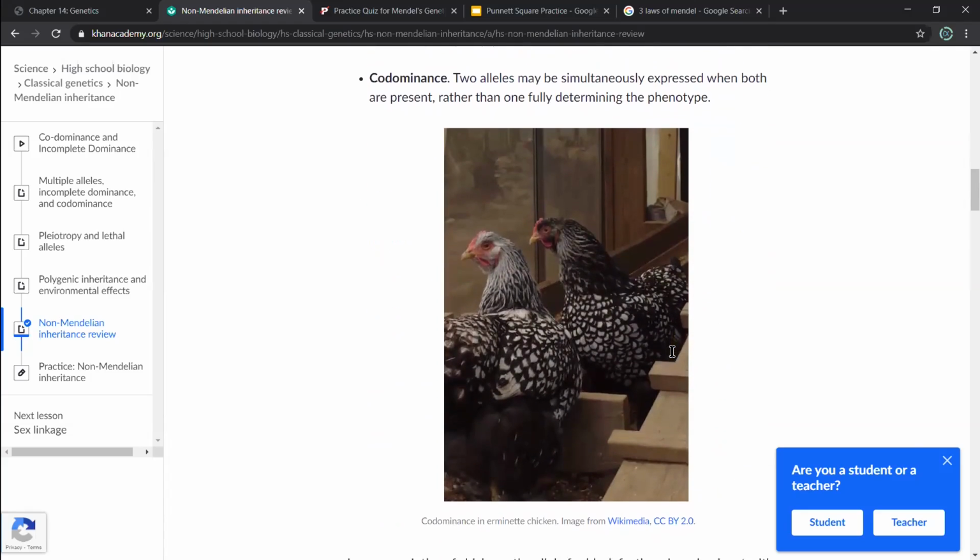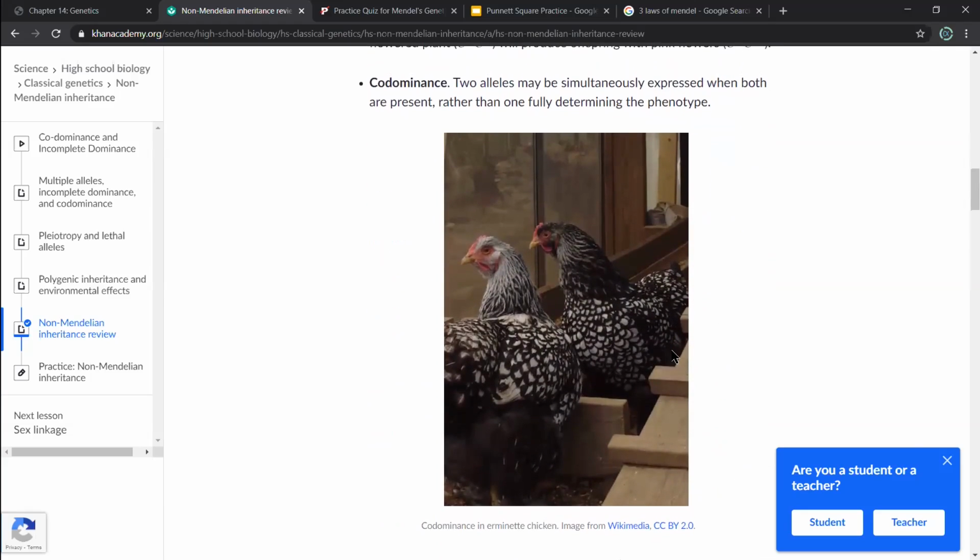Now, codominance. Codominance is when the heterozygous state, instead of being blended, you can see both. Look at these chickens, I think they could be roosters, I'm not sure. They have black and white spots on their fur.